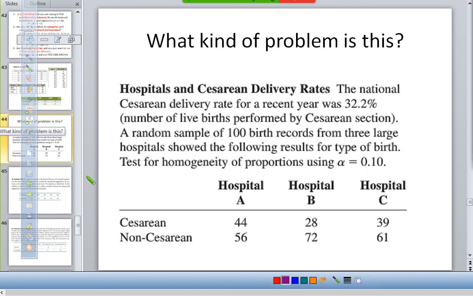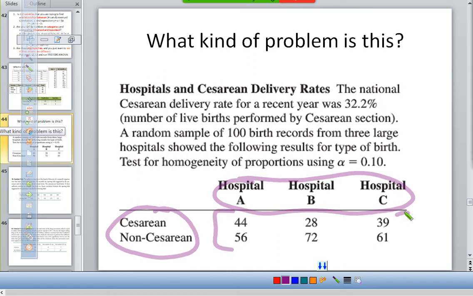All right, so we definitely have categories across the top. Everybody on board with that one? So the question is, do we have categories along the side or not? We have something along the side, so it's definitely a chi-square because I have something along the top and something along the sides. Now, along the sides, is that observed and expected, or is that different categories? Those are categories.